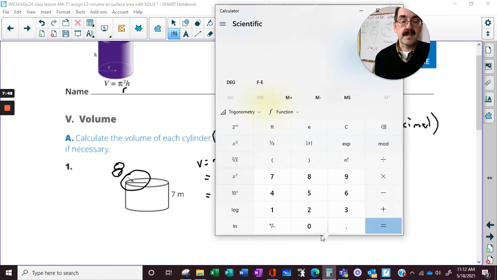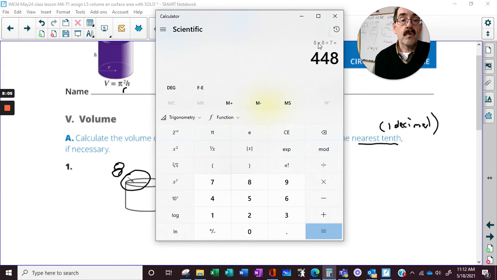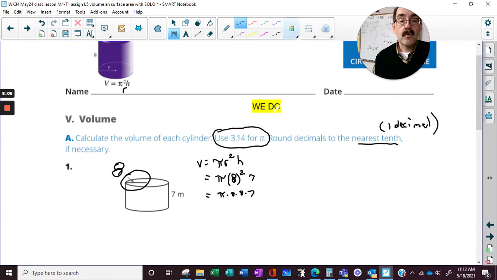Okay? So, what's 8 times 8 times 7? Let's use our old-fashioned calculator. 8 times 8 times 7 is 448. So 448 pi meters squared.